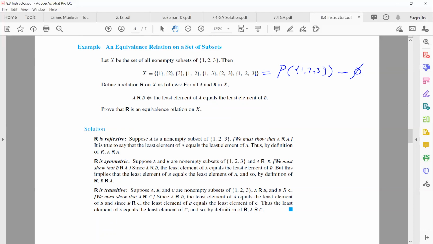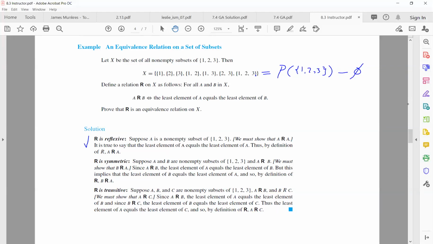For sure, you know that A is non-empty. Then the least element of A is of course equal to the least element of A itself. There is nothing to prove here. Let us show that R is symmetric.